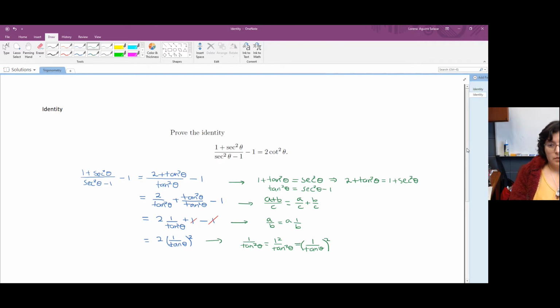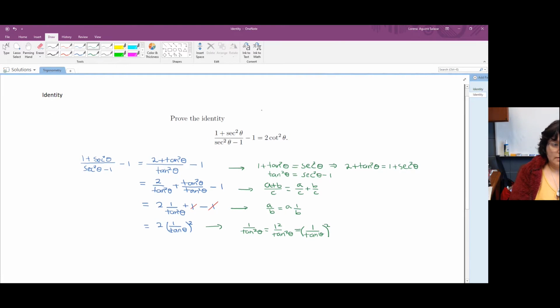Something very nice that happens at this point is that we can replace 1 over tangent by cotangent, because cotangent is the reciprocal of tangent. So here we're talking about twice cotangent of theta squared, and that's exactly twice cotangent squared of theta. The square goes as a power of cotangent only, not theta, by notation.